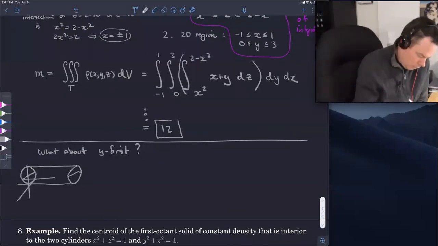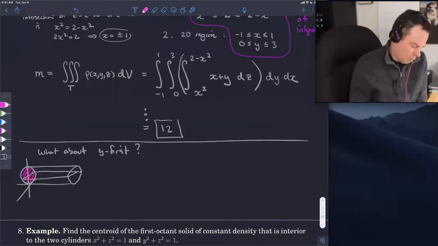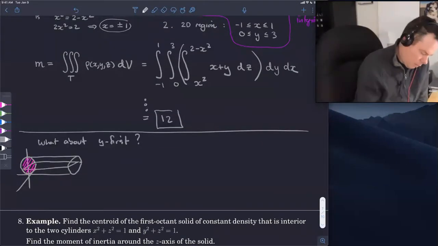And like that. And if we're doing a Y first, it means our footprint is going to be this shape down here in X, Z, where Z is our upper axis. So it's going to be a shape that looks like this, parabola with another parabola. And so that's going to be our shadow.